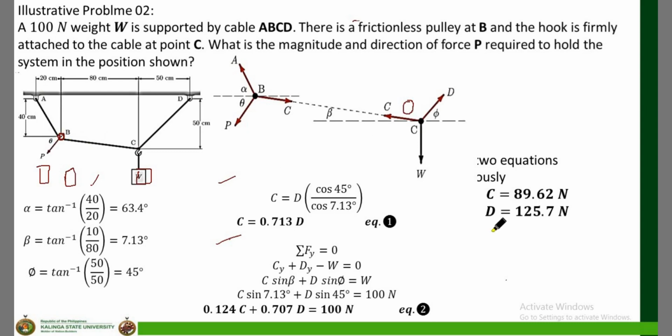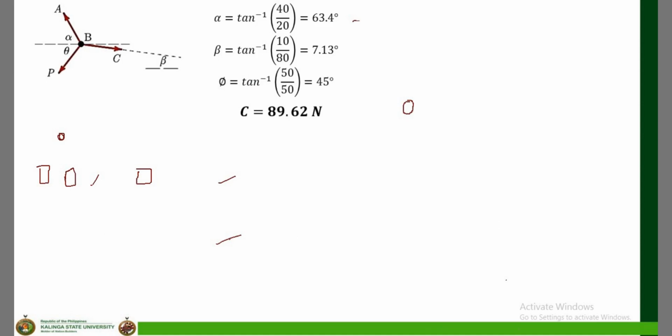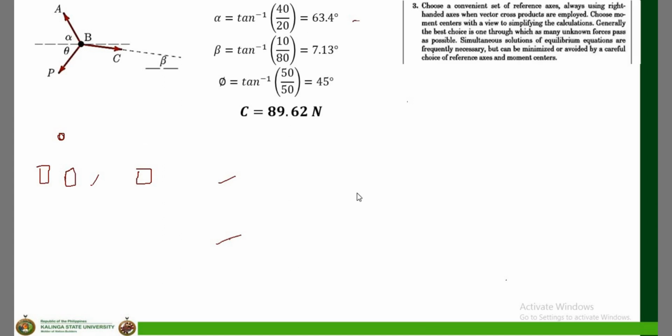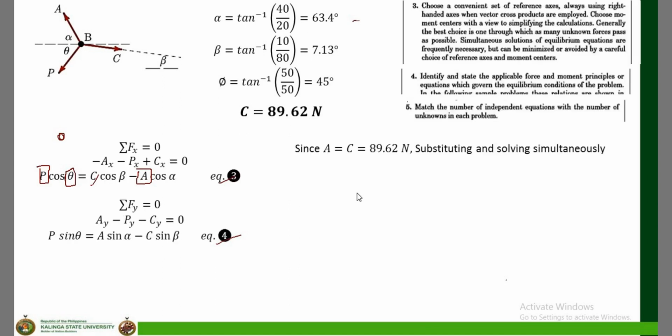So, what do I mean by that? Even if the rope changes direction, since it is a frictionless pulley at point B, I can say that A is equal to C, and that is equal to 89.62.